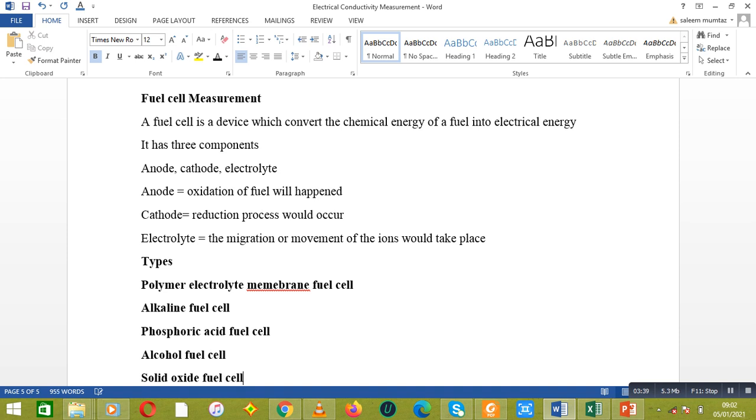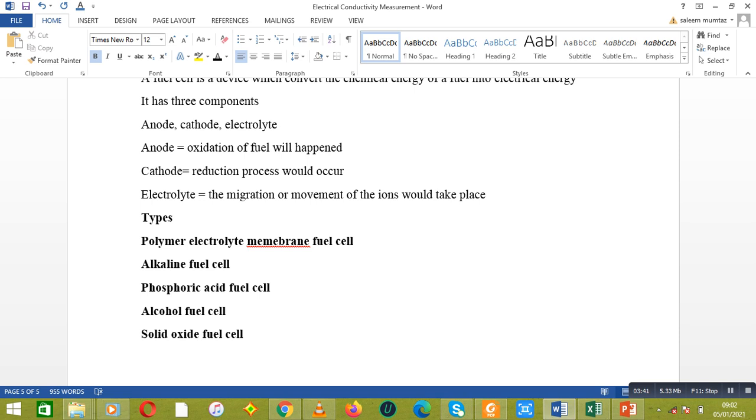In today's topic we are going to discuss the solid oxide fuel cell.